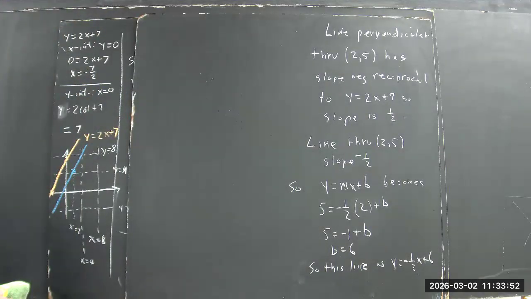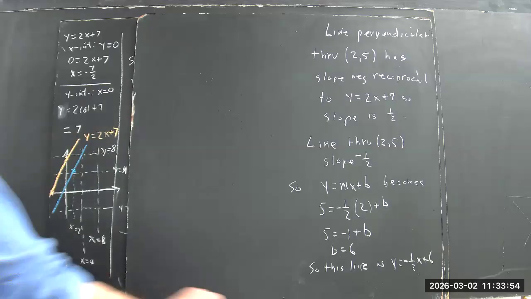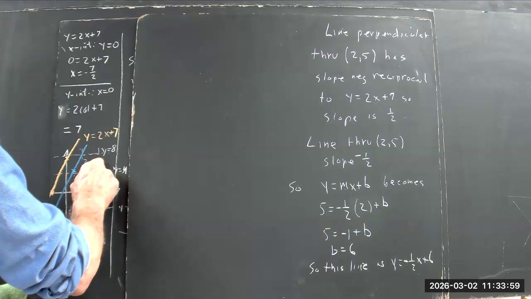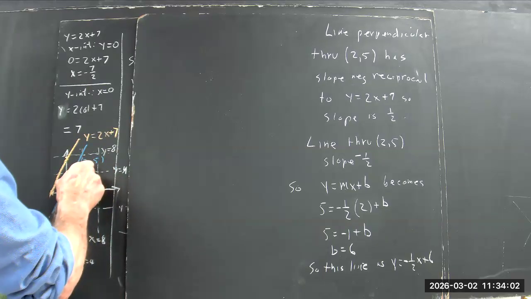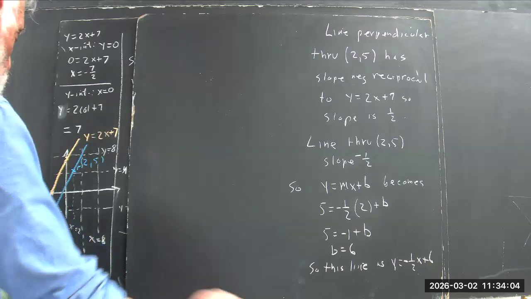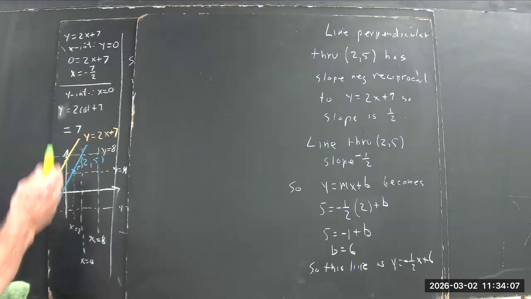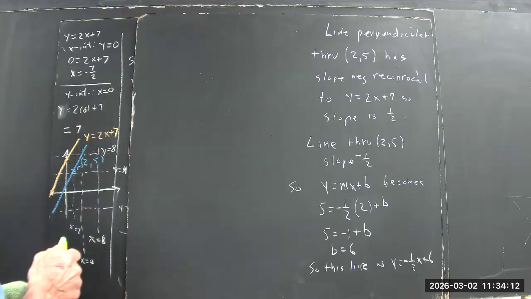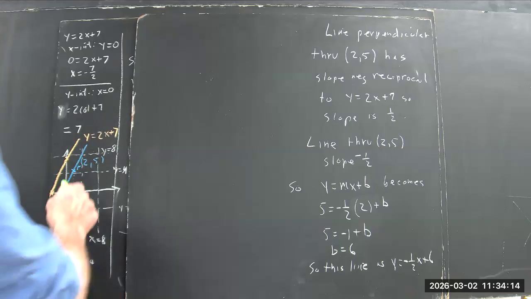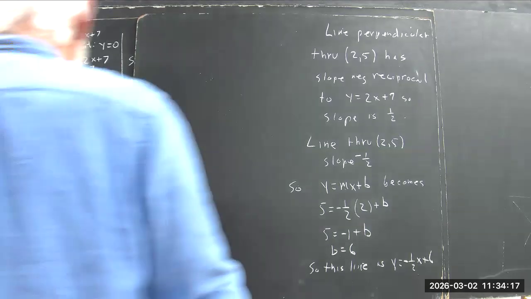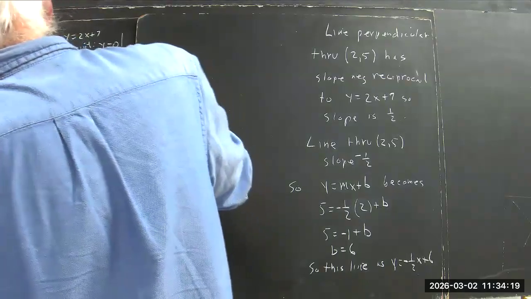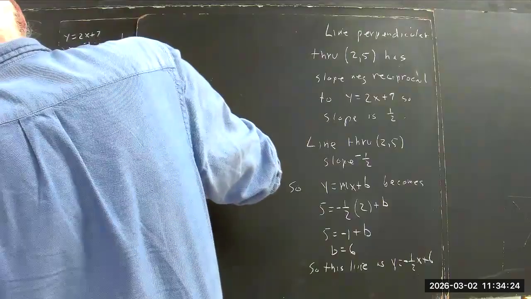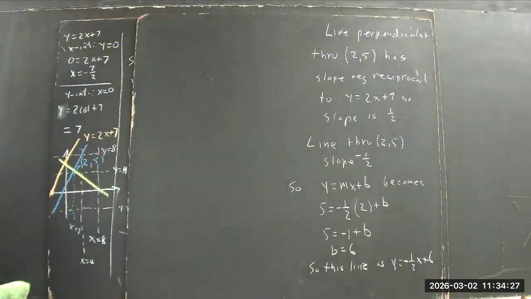So again, we've got the point (2,5). Now that I know where the lines are going to be, I can label this point on my graph. So there's the point (2,5), 2 units to the right of the y-axis, 5 units above the x-axis. If I go at a perpendicular to this line, now I'm going to have to situate myself over here so I can better see what a perpendicular is. So I'm blocking the board. I'm just going to sketch what I think is about perpendicular.